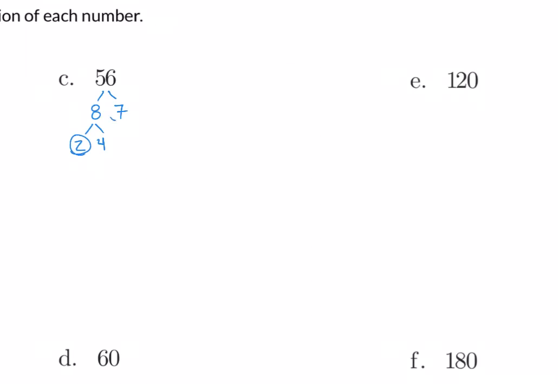Oh, I forgot, 7 is prime. 4 is composite. This is 2 times 2. So we get, I'm just going to write in exponential notation, it's a little bit easier. This is 2 cubed times 7.